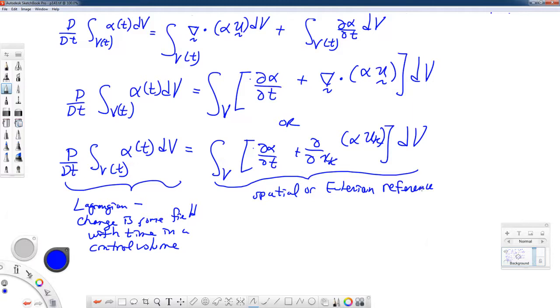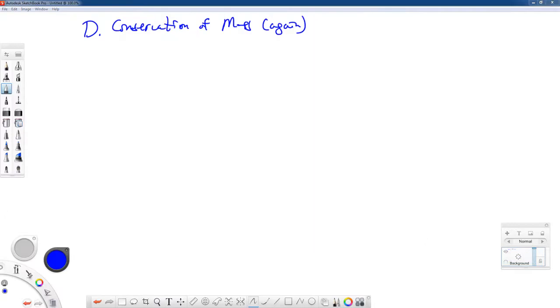Let's see what happens when we think of the concept of the conservation of mass in a volume. Now I mentioned previously that we've already done the conservation of mass, and that was part of the Eulerian continuity equation. I've always found that to be less than satisfactory as a way to formulate the conservation of mass. But the Lagrangian formulation is very intuitive, and it's very nice.